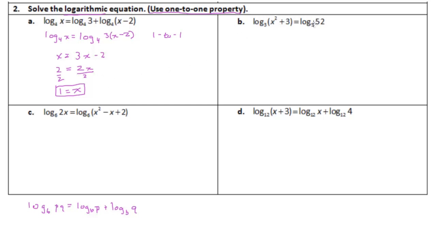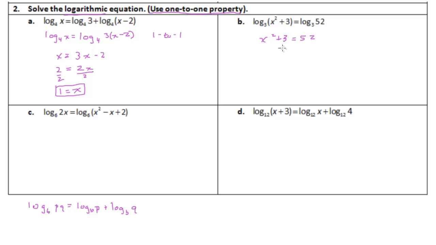Now, in this equation on the right, I'm already at a point where I have log base 3 on the left, log base 3 on the right, single logs of single quantities. So it's already condensed, so I can go right to one-to-one and just say this means that x squared plus 3 is equal to 52.